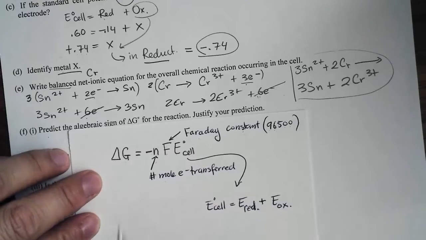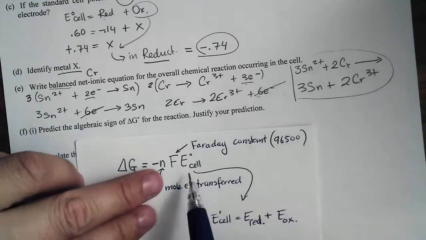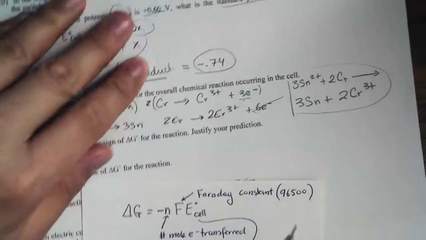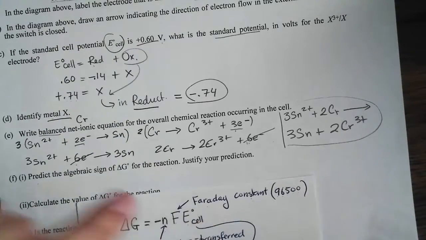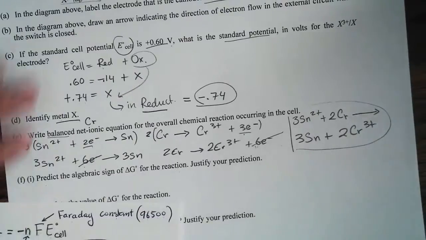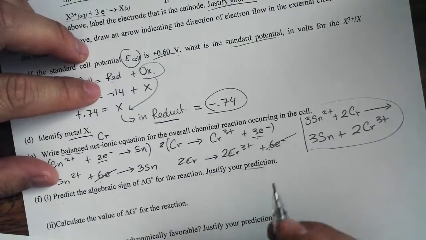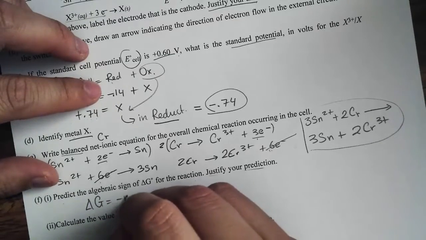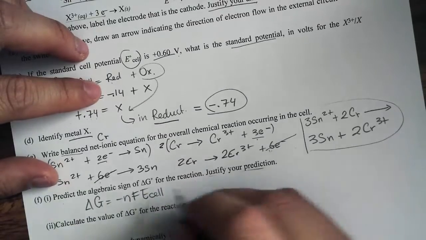But more importantly, if we just look for the sign of delta G, all we have to do is look for the sign of E cell. And it's given that E cell is positive. We take a positive times a negative. What is that going to give us? Of course, it's going to give us a negative. So that's pretty easy. We don't have to do any fancy problem, but it asks us to justify the prediction. So we just need to write down delta G equal to negative N F E cell, okay?